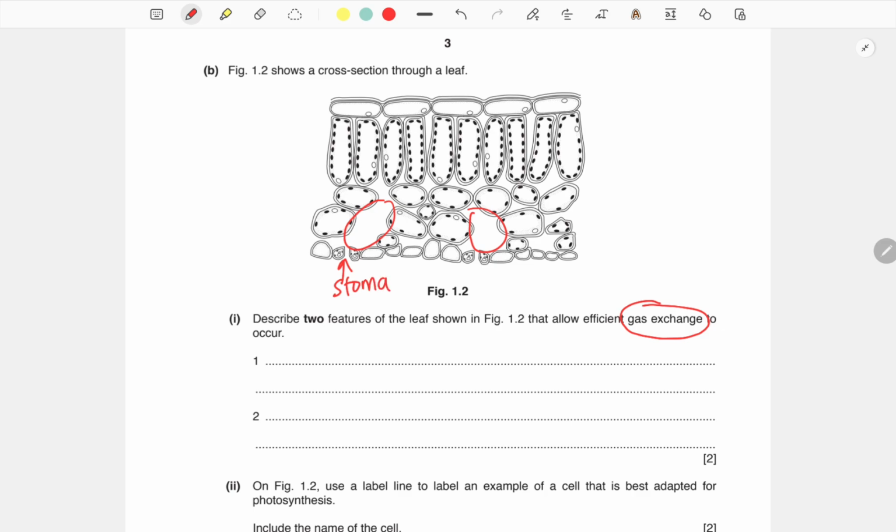One hole is a stoma, multiple holes, stomata. So then you can mention the large air spaces for gases to diffuse in and out of, and the guard cells control the stomata to allow gases in and out of the leaf.